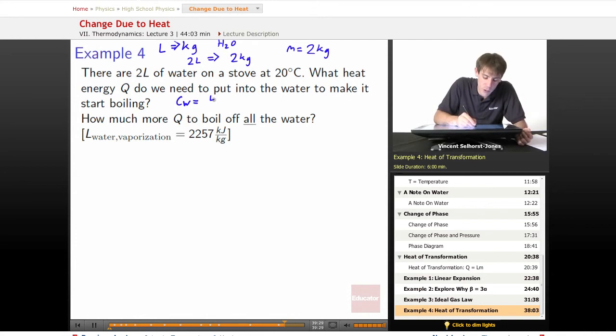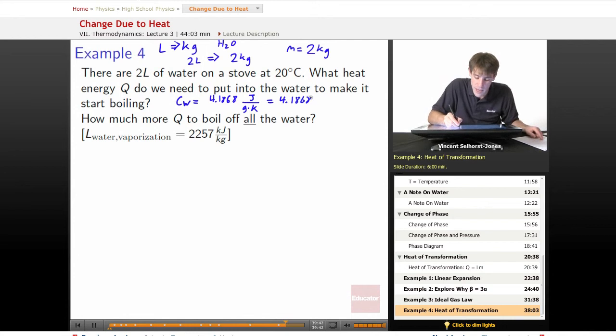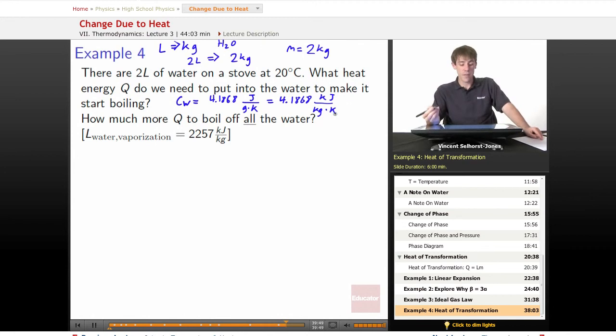But we can also convert that to kilograms: 4.1868 kilojoules per kilogram per Kelvin, kilo both on the top and the bottom. Great. So that's what our specific heat is. That's how much energy it takes to raise it 1 degree.